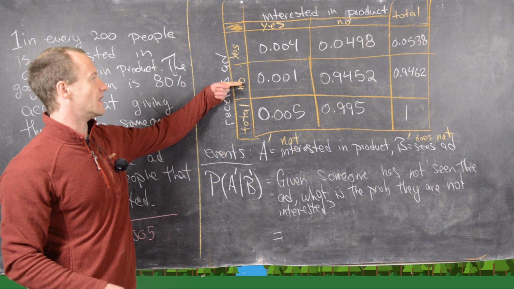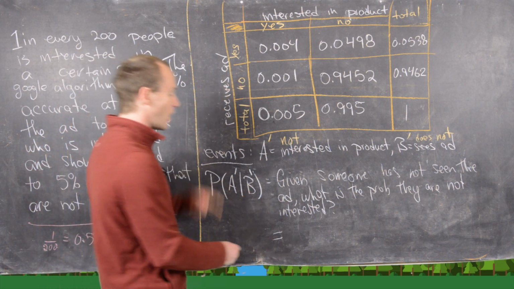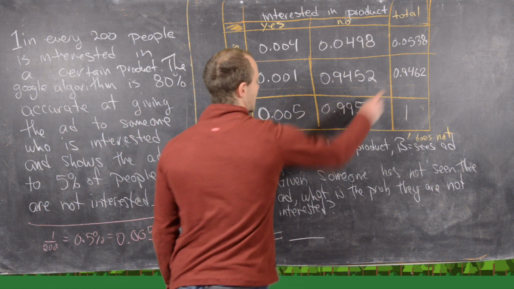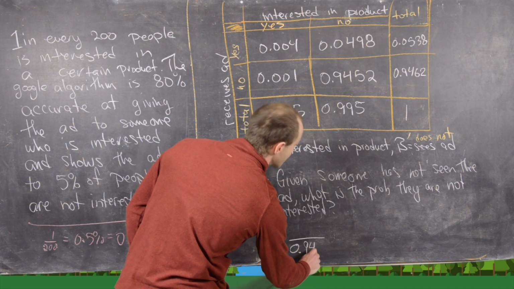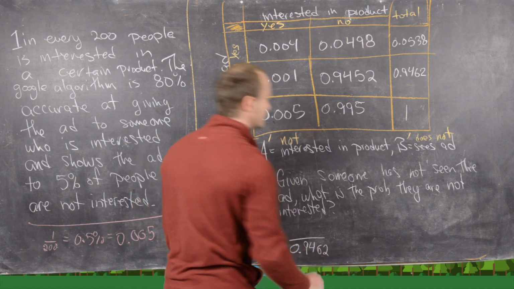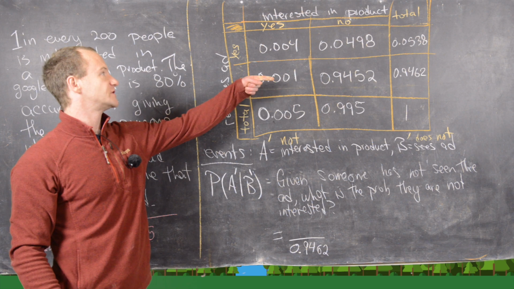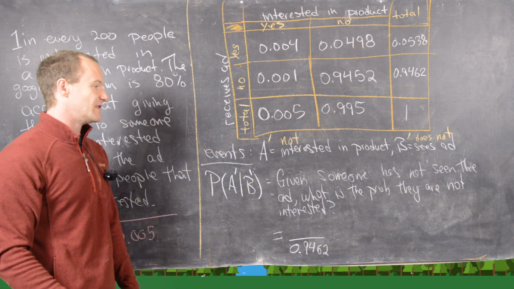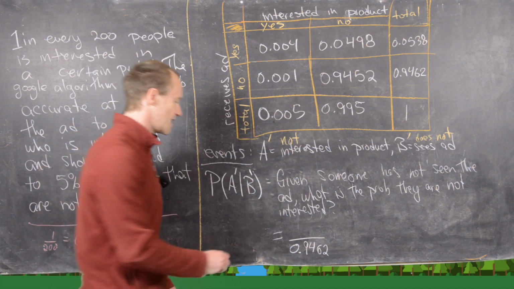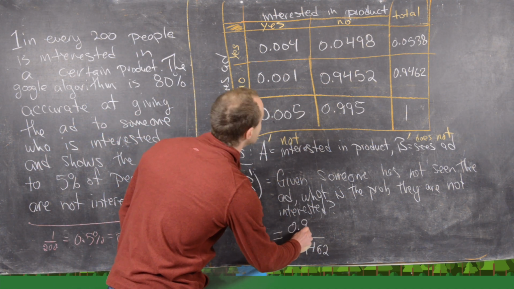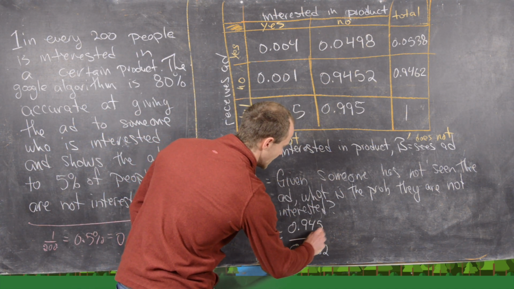Okay, so that means we need to look at all people that have not seen the ad. So that will be in this row. So notice that all people that have not seen the ad is given by this probability, or this percent, 0.9462. And now of those people, we want to look at the ones that are not interested in the product. So that's going to be this square right here. So we have 0.9452.